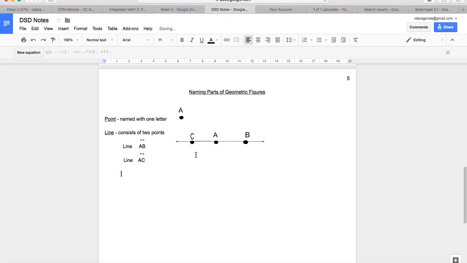So there are multiple ways to name this line. It doesn't have to just be AB, but any 2 points that lie on the line can be used. So that's a note. Any 2 points that lie on the line can be used to name it, okay? And remember, you always have to have these arrows on top of the name to indicate it's a line. It goes on forever on both sides, okay?